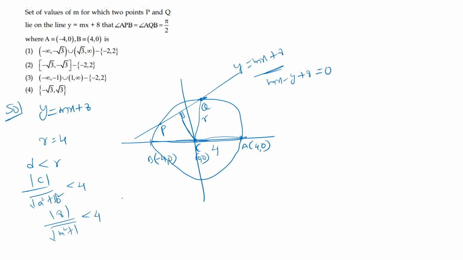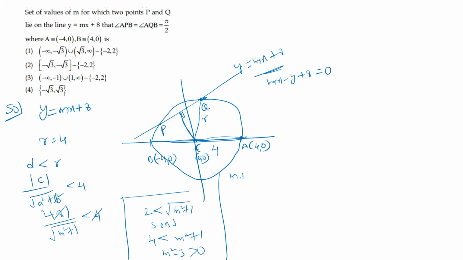Now from this, 4 ones are 4, twos are 2, less than root of m square plus 1. Squaring on both sides, what will we get? 4 less than m square plus 1. From this, m square minus 3 greater than 0. This we can write as m plus root 3 into m minus root 3 greater than 0. For these, the limits lie in between minus infinity comma minus root 3 union open interval root 3 comma infinity.